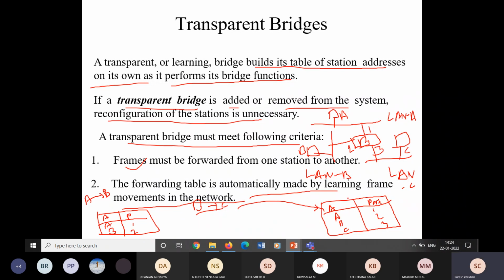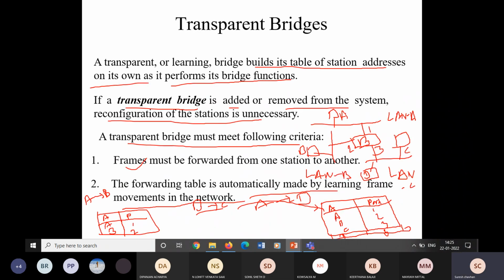Suppose one more device, D, is added here, and A wants to send data to D. At this time one more row will be created: the physical address is D and the port is 3. Like this, it keeps on updating the forwarding table of a bridge.